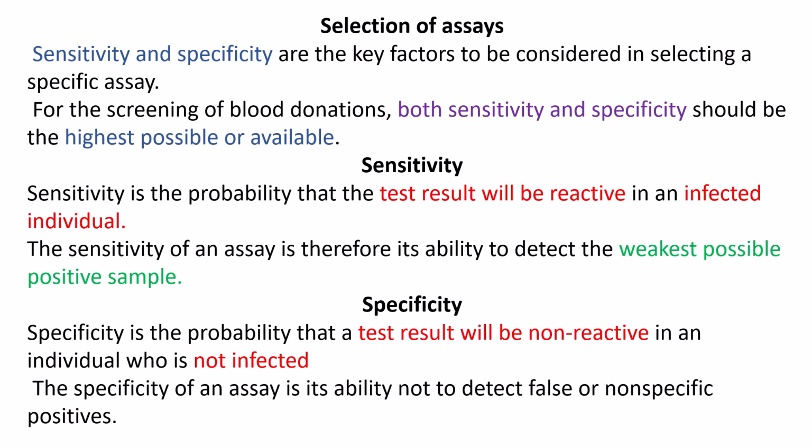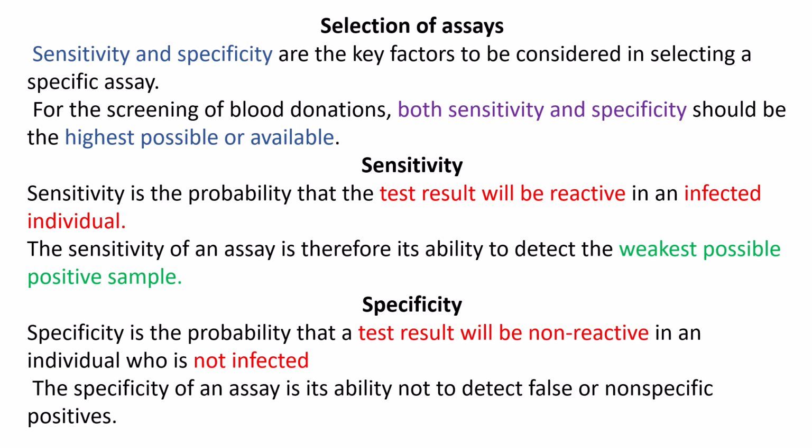Now, how can we select the assay? Two important factors for the selection of the assay are sensitivity and specificity. For screening of blood donation, both these factors should be the highest possible or available.